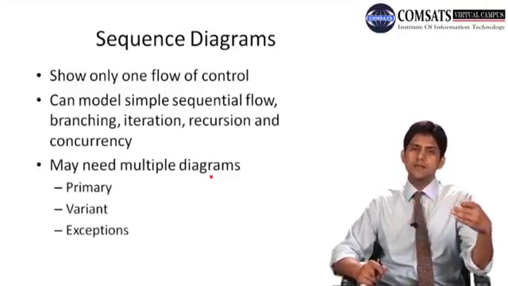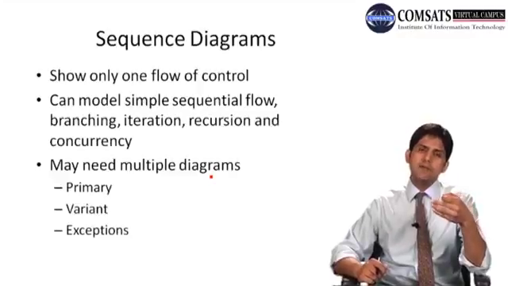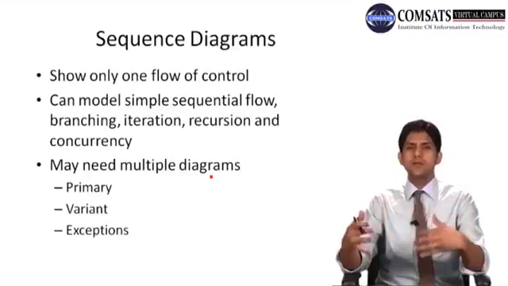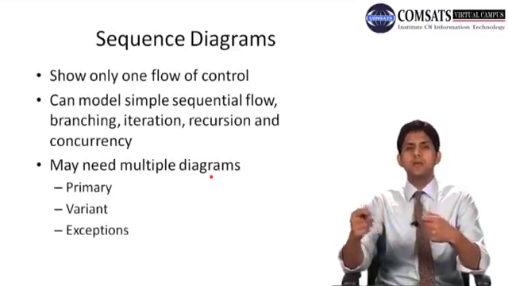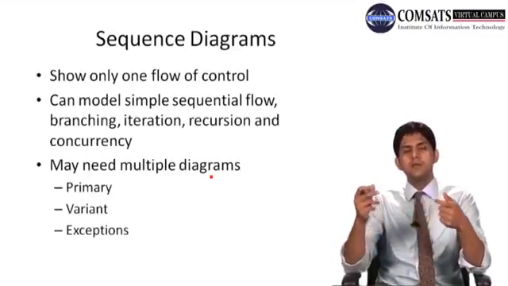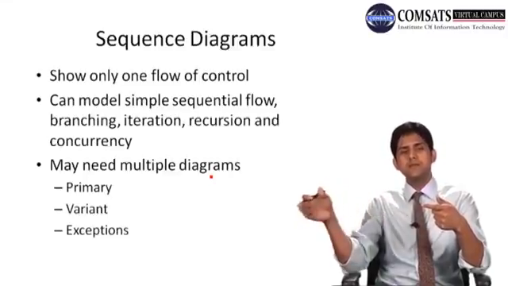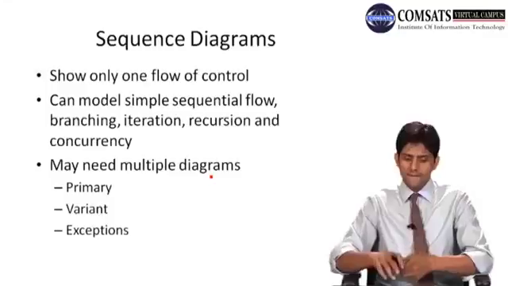I think we covered it in the last lecture as well: if a scenario involves a lot of interaction between different objects, then we can break it down. We can have multiple scenarios within a sequence diagram, or different sequence diagrams for different scenarios.